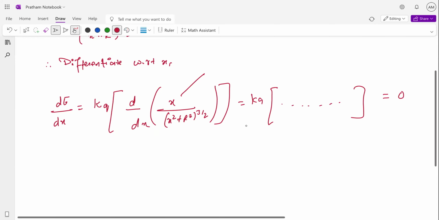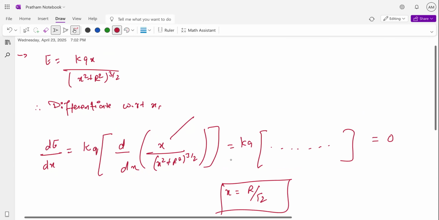If you do this, you will get x equals r by root 2. This is the point where you will have the maximum. Even if you want, you can put the value x equals r by root 2 into kqx divided by x square plus r square to the power 3 by 2.